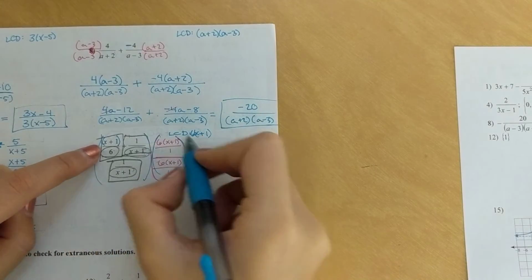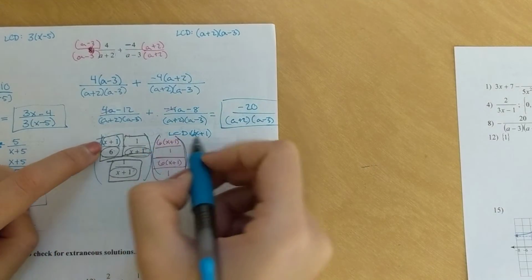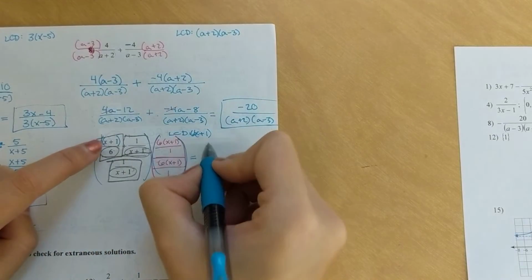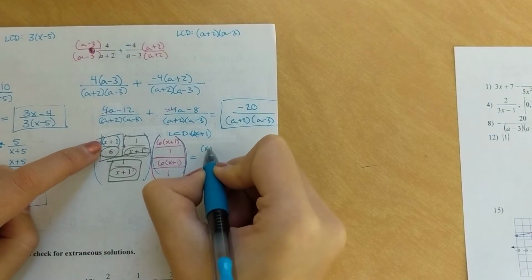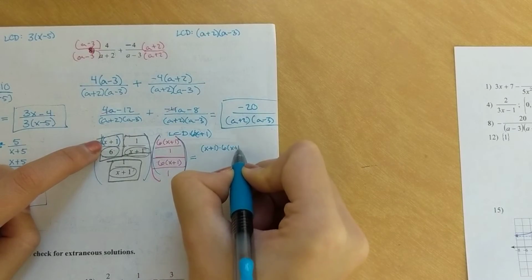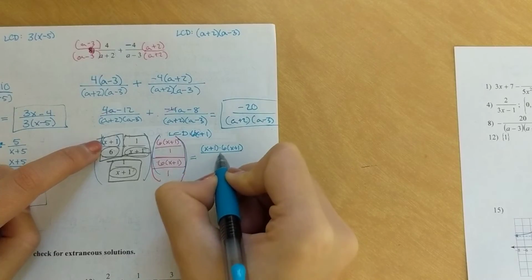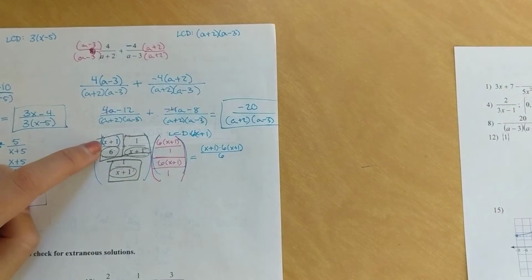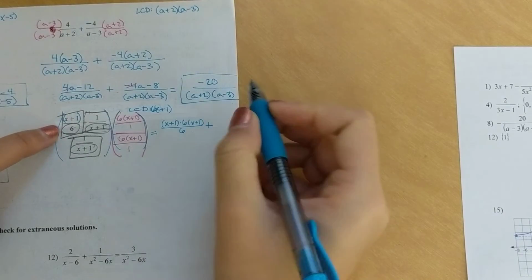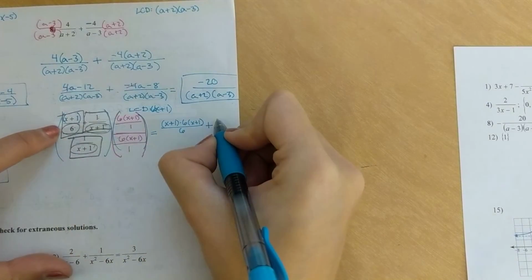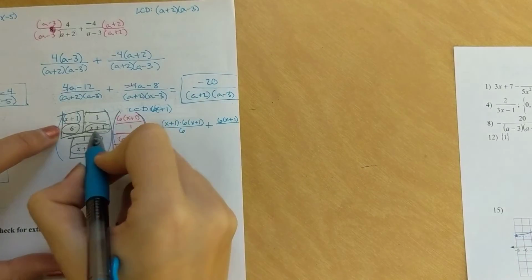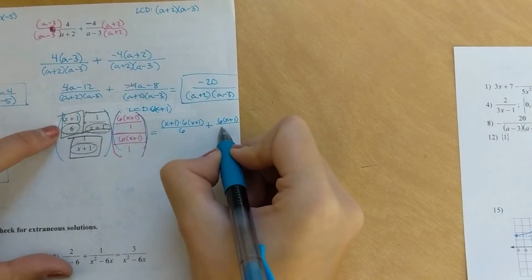And let's multiply. The numerator of this first fraction has everything in it, what it already has, and the LCD. So x plus 1 times 6 times x plus 1 over 6, plus 1 times the LCD, so just the LCD, over x plus 1 times 1, which is x plus 1.